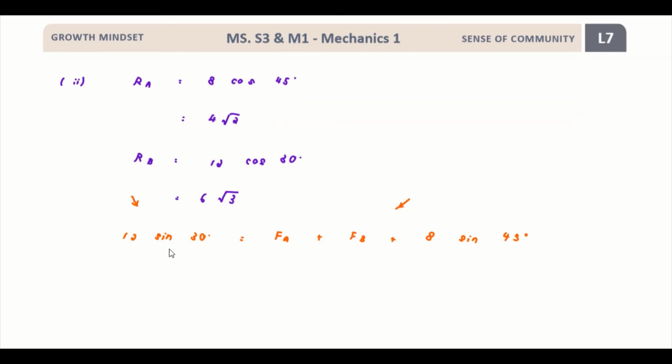Okay, so now let's try to solve it. I'm not writing like this because it's a bit confusing for you guys. So 12 sine 30 is 6. Then mu that we want to find, so substitute our R. Then 8 sine 45 is 4 square root 2. Sine 45 and cos 45 are basically the same value, so you realize that this value and this value are the same.